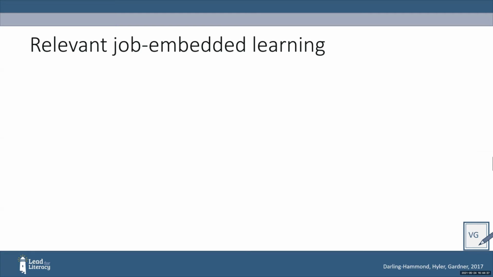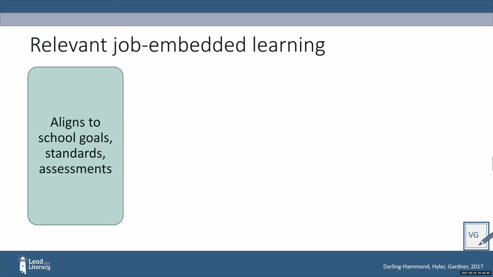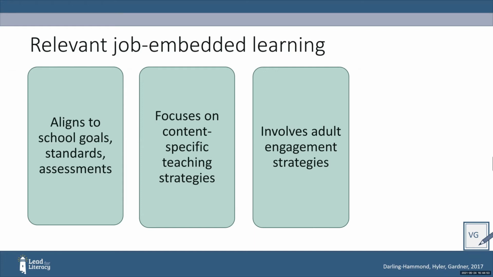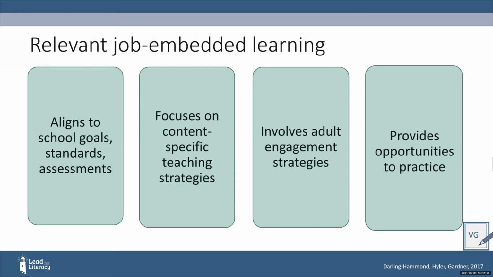First, job-embedded learning opportunities are relevant to the authentic work of teachers. Relevant learning opportunities align to the school's goals, standards, and assessments, focus on reading-specific teaching strategies, involve engagement strategies, and provide time to practice new learning activities.